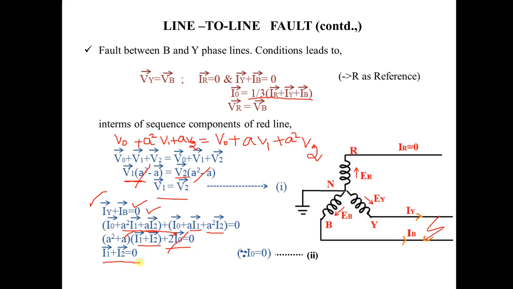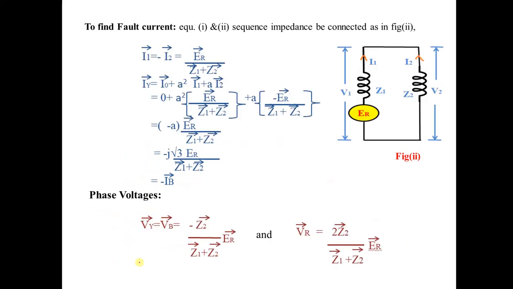Now we are going to find the fault current. From equations 1 and 2, the impedance can be connected. So I1 will be equal to minus I2, opposite in direction. This will be equal to ER by the total impedance, Z1 plus Z2.